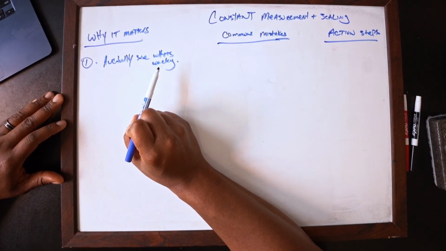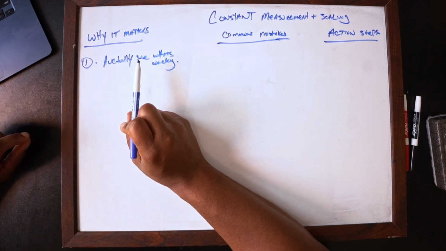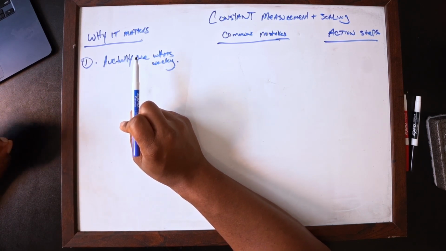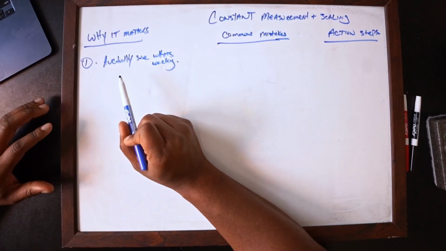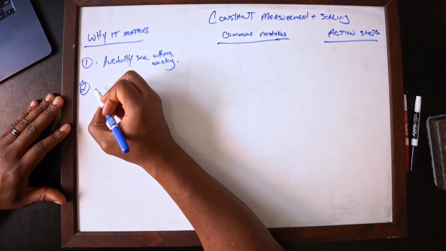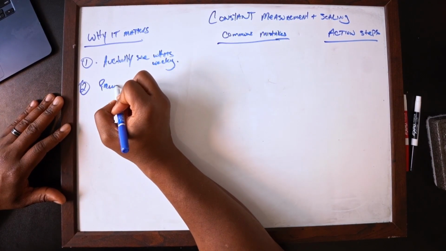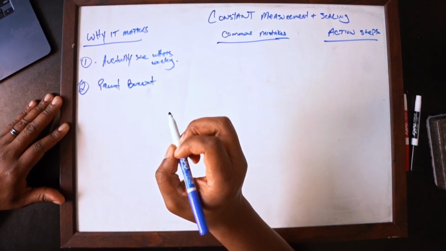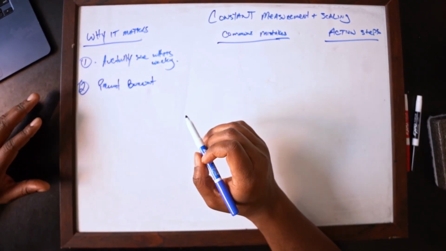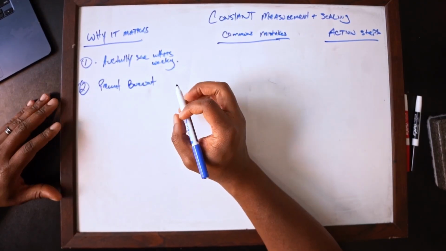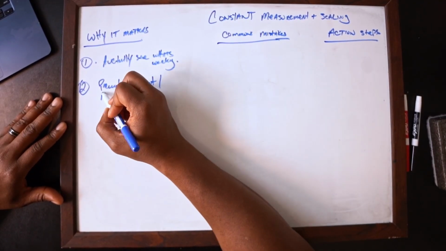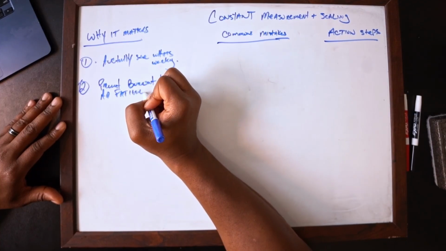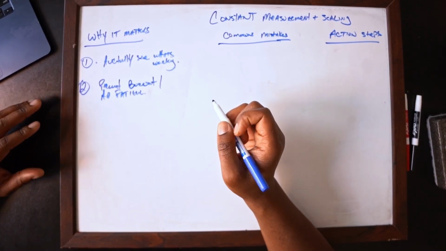So you constantly have to measure your ads and review your ads daily. Number 2, you wanna also prevent a burnout. You wanna prevent a burnout with yourself first mentally, but I would say a burnout with ad fatigue, and a burnout with ad performance.